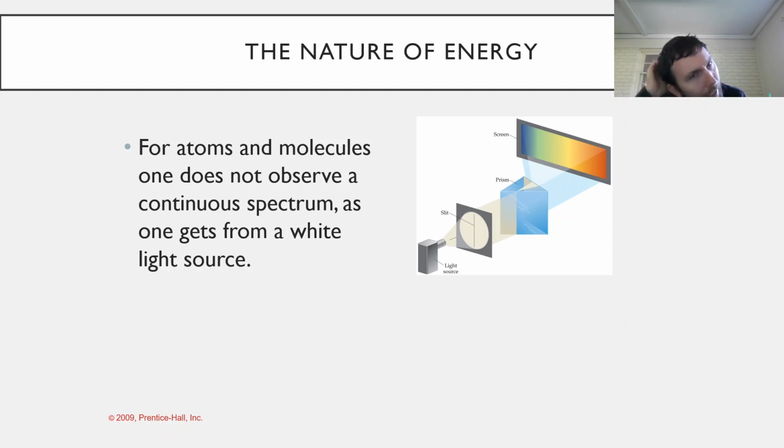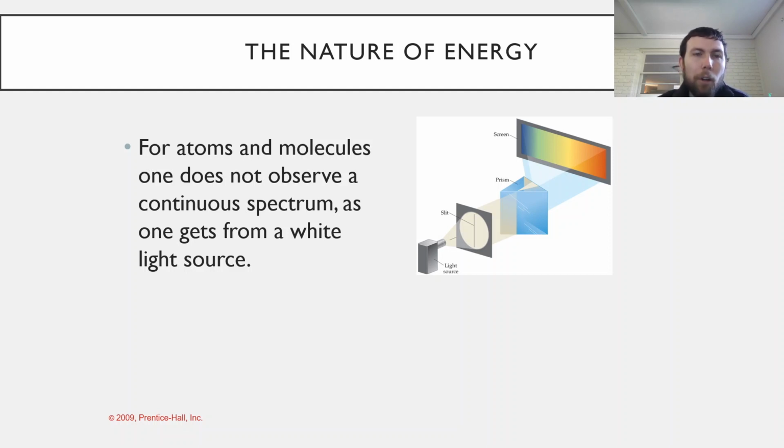Now, the thing is, when you pass an electrical current through atoms and molecules, or specifically an element, they don't give off a continuous spectrum, right? What I mean is that they don't give off all of the different colors of visible light. They only give off specific portions of that spectrum. Think about white light passed through a prism: it projects, and you get the different colors of light.